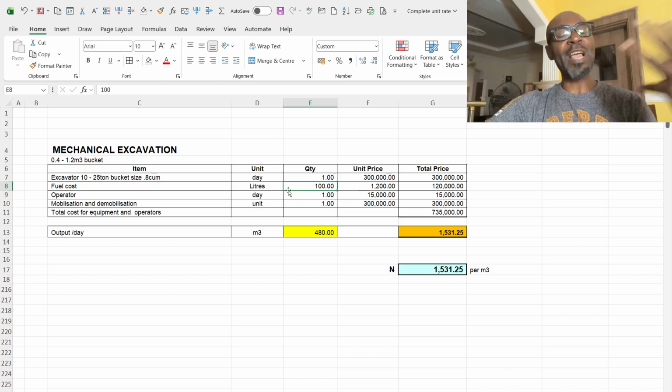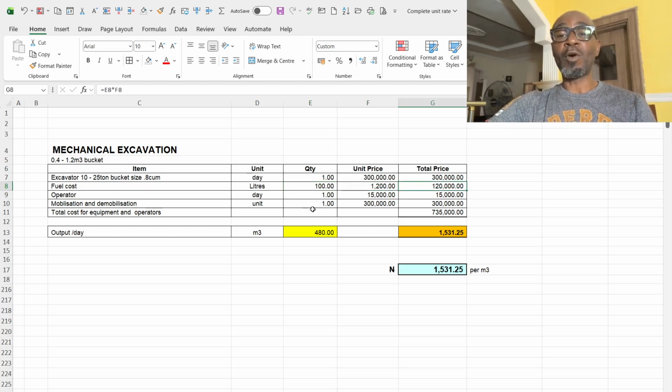But in this case, we are assuming that everything is okay and the machine is newer, so it's consuming 100 liters per day at the rate of 1,200 naira per liter. So you have 120,000 for fuel alone. Then the cost of the operator per day is 15,000.